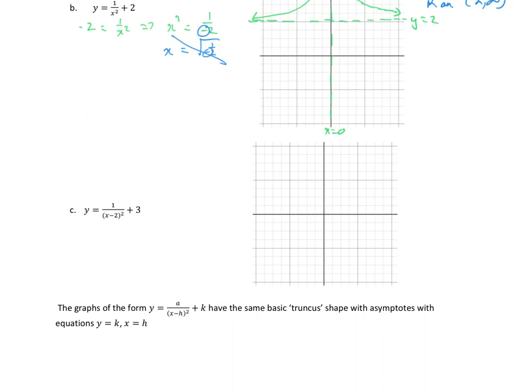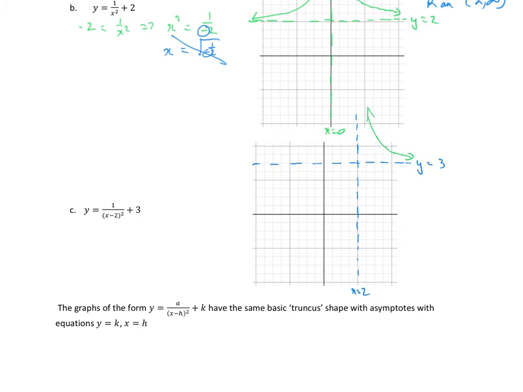What's the last one? We've got a bit of a combination. So what are we going to do? We're going to go 2 units right because of that x minus 2. And we're going to go 3 units up, which I'll put there. Y equal to 3.